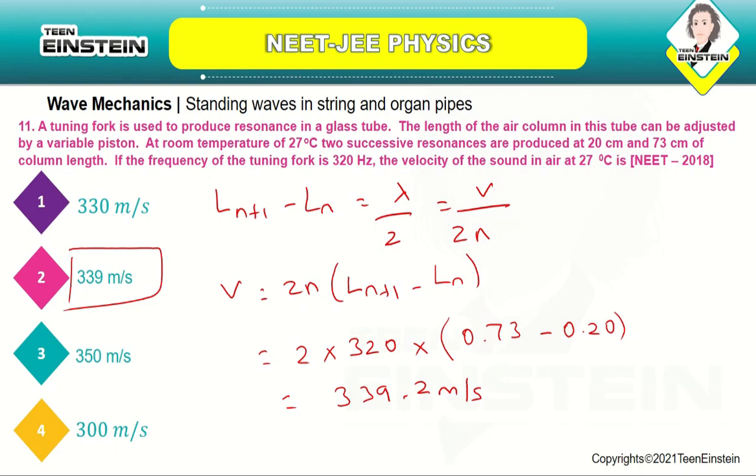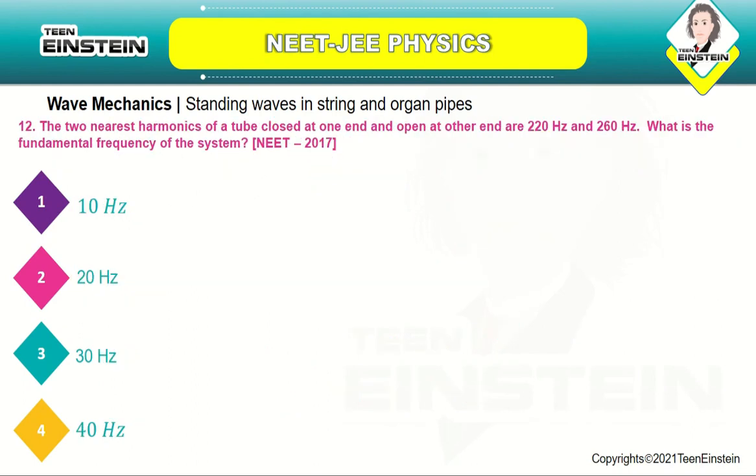They have given you the successive resonance lengths 20 cm and 73 cm that you substitute here, and the frequency 320 Hz. So you are substituting and finding out the velocity of sound in air. It is 339.2 meter per second. So the correct answer is option number 2. Okay, so let us now move on to the next question.